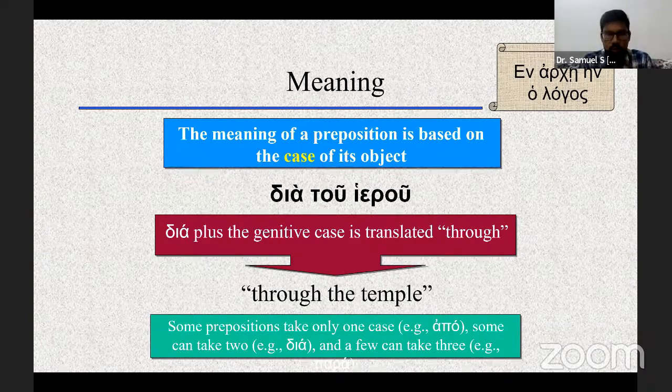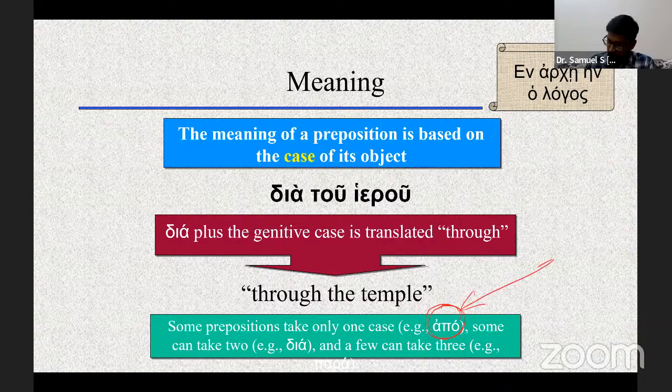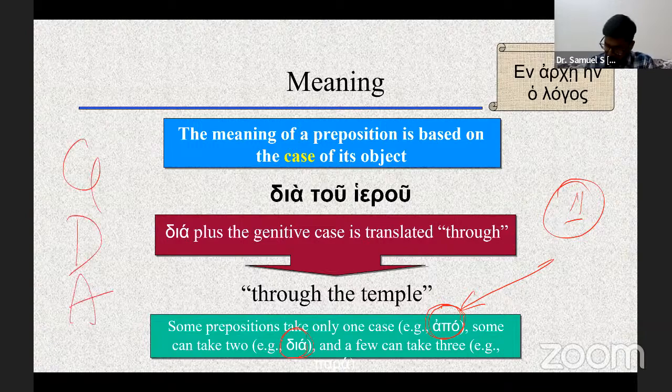Some prepositions take only one case. I mentioned that already. Example is apo. The preposition apo takes only one case. And what case is that? We'll see that in a second. Some prepositions take two cases out of the genitive, the dative, the accusative.